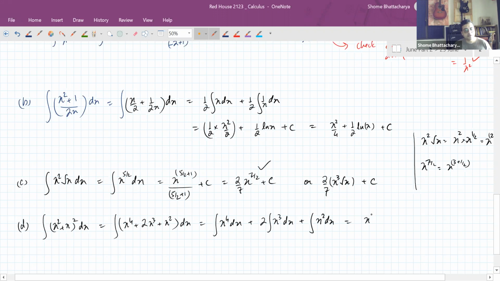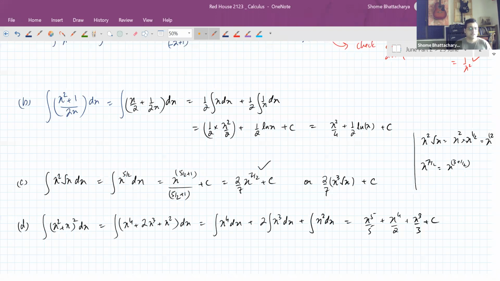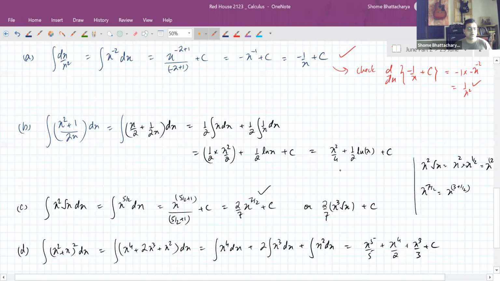And that will give us the required answer. And always, if you have enough time during a test, you can even check your answer by differentiating the antiderivative that you got, and that should give you the integrand, or the function that you are integrating.